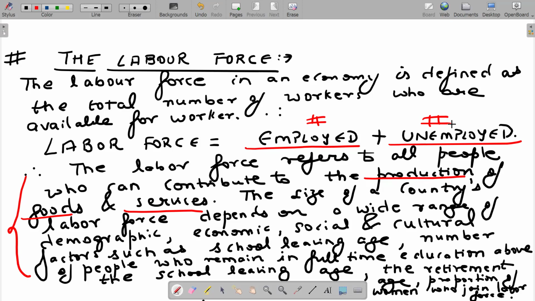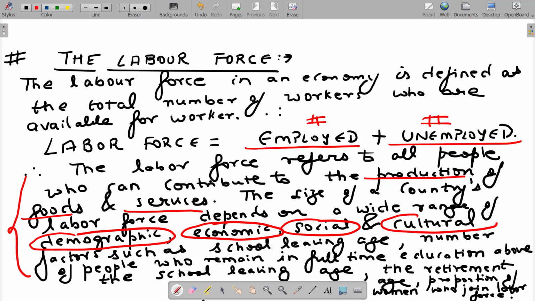And when you talk about the labor force of a given country, it depends upon a lot of demographic, economic, social, and cultural factors. So it depends upon the school leaving age. It depends upon the number of people who remain in full-time education after they graduate from school.